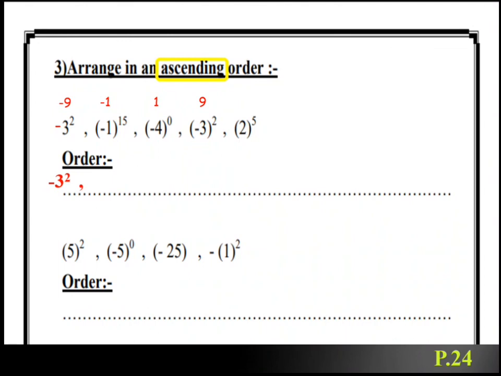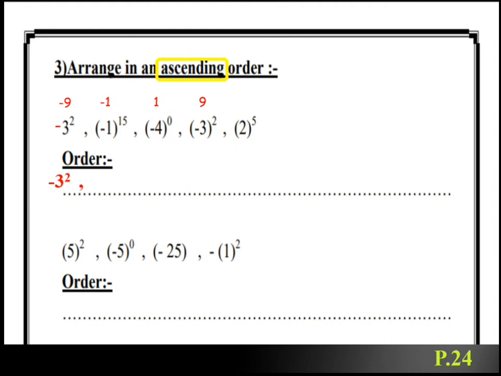After that, the order will be what? The ascending order means from the smallest number to the greatest number. The smallest number here is negative 9, which is negative 3 power 2. And we have to write the numbers as we give them to you. So write the following numbers, not the answers.